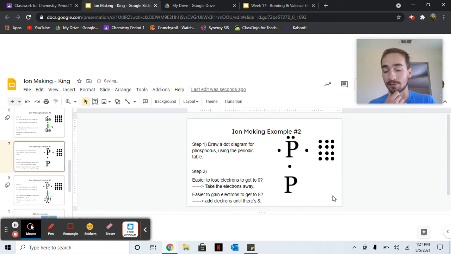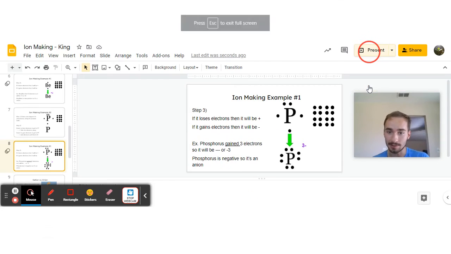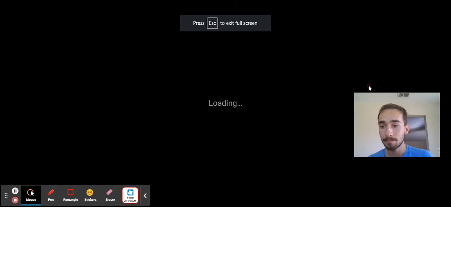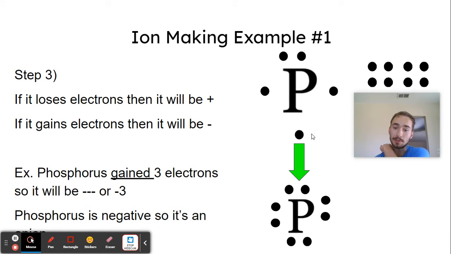And then you have to figure out, is 5 closer to 8 or is it closer to 0? 5 is closer to 8, so it's going to gain electrons until it becomes 8, just like this slide. So phosphorus should now have 8 valence electrons because it wants to have a complete circle of friends, complete circle of valence electrons.